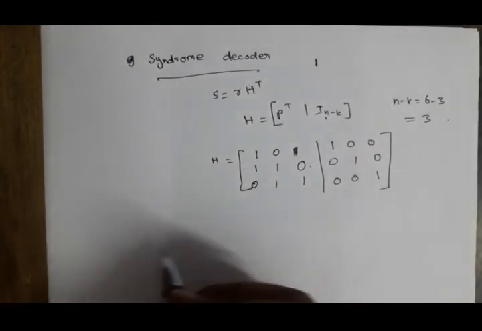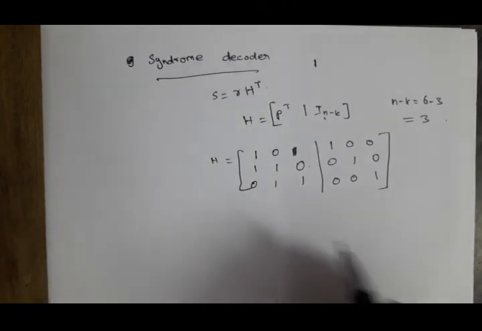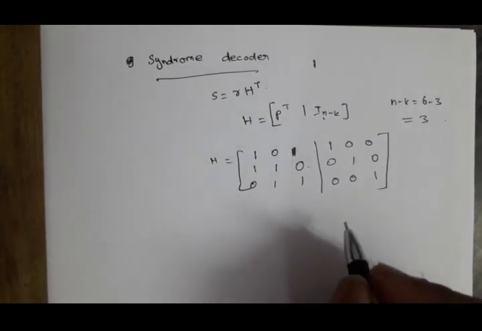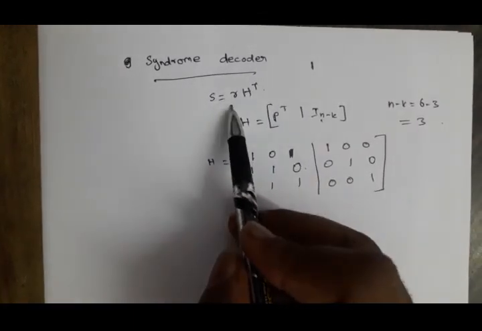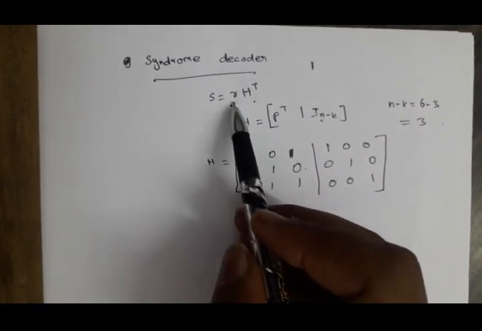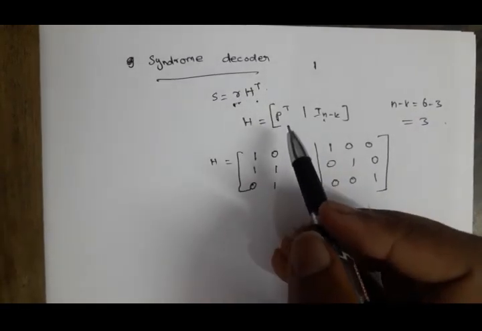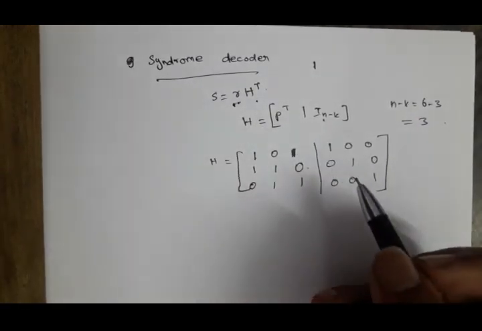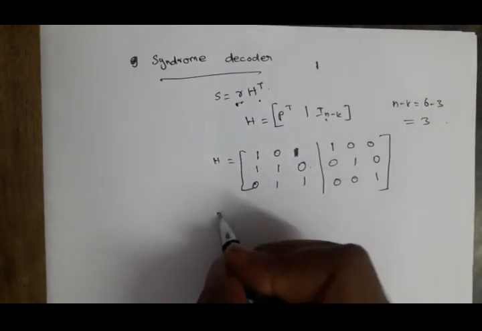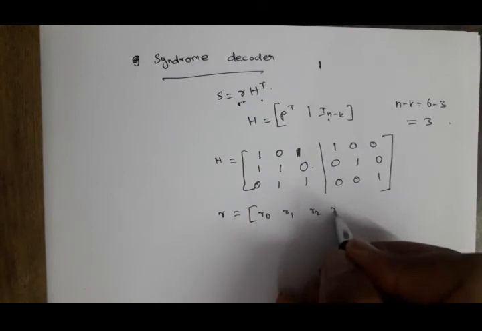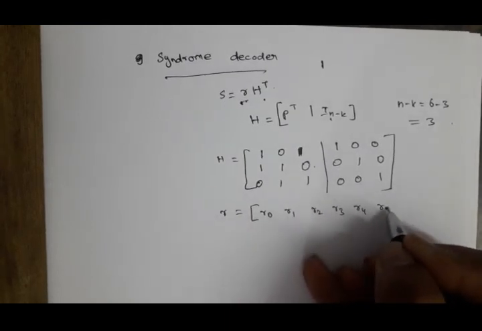Now our intention is to write the syndrome expression. The syndrome expression consists of the product of R into H transpose. R is the received code word. If the transmitted code word consists of 6 bits, the received code word should also consist of 6 bits. So R can be written as R0, R1, R2, R3, R4, R5.